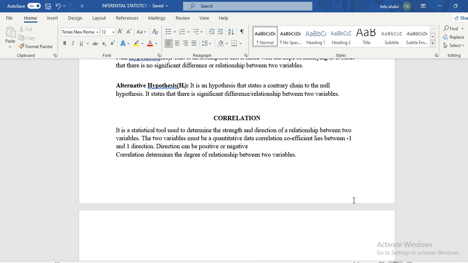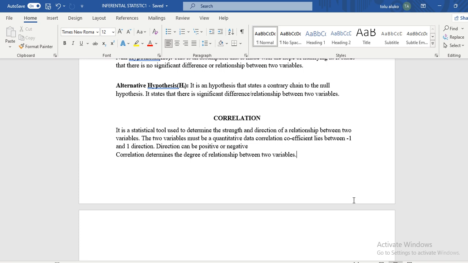Always remember two variables. So if you are given a data set of three, you have to use your own digression to infer your own variables so as to draw out your own conclusion.